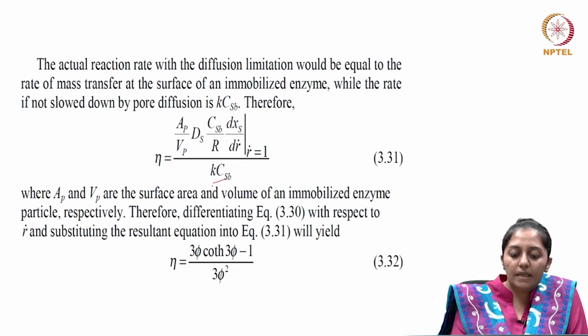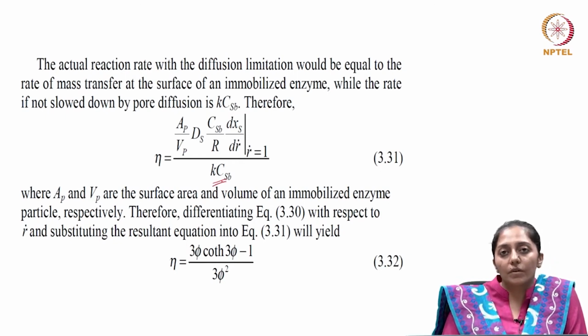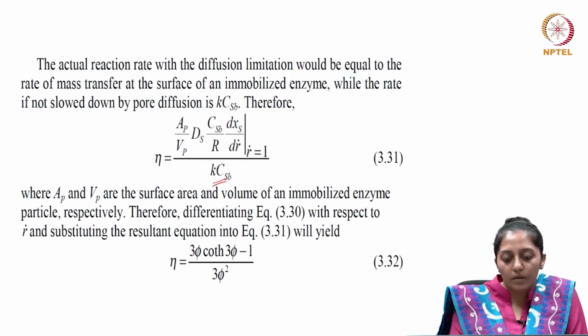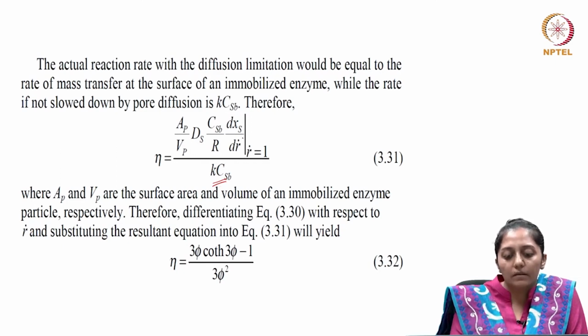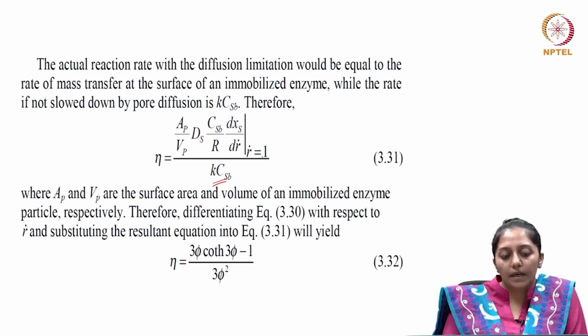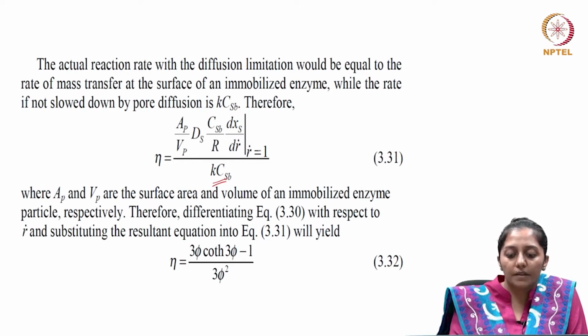It will be k Cs_b, because there is no diffusional limitation. Then whatever is at the surface should be able to reach the inner core. So, the maximum rate would be k Cs_b, and the actual rate will be equal to the diffusional rate here at R dot equal to 1.